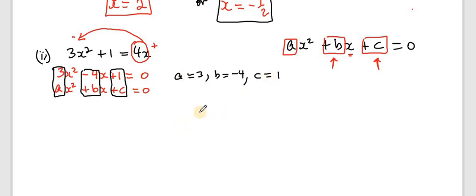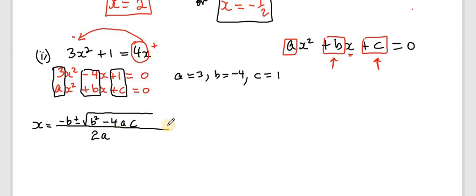Which means now we can use what is known as the quadratic formula. What's the quadratic formula? It's given to us as x equal -b plus or minus the square root of b squared minus 4 times a times c, divided by 2 times a.